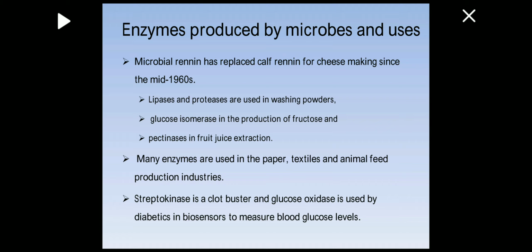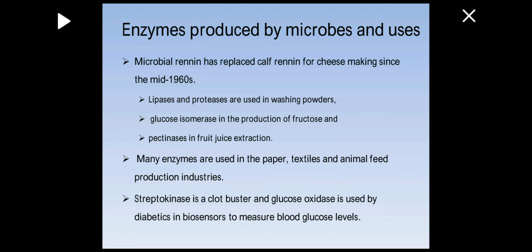Microbial renin is an enzyme which is very important when you are making cheese. Before the 1960s, it was obtained from the calf, and now it is taken from the microbes by the process of fermentation.